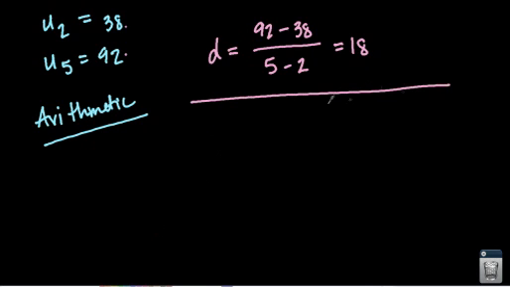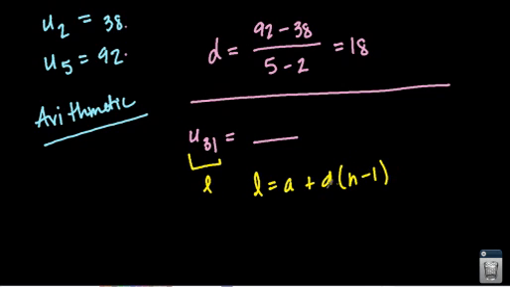But now let's take this a step further. Now that I know my common difference, what happens if I ask you to find u sub 31? The way we would proceed is to make 31 my last term. We're going to call this L, because I have a formula that I can use to find the last term, and it looks like this.